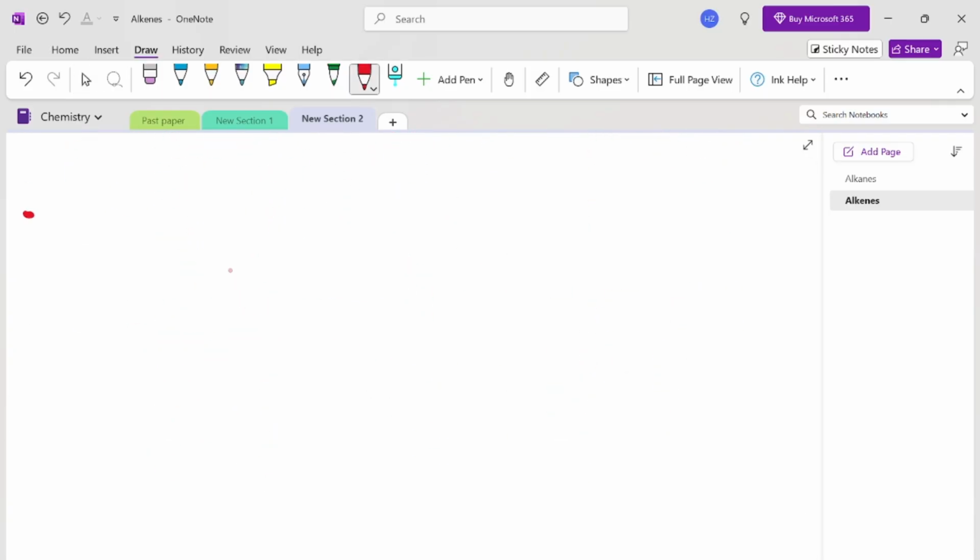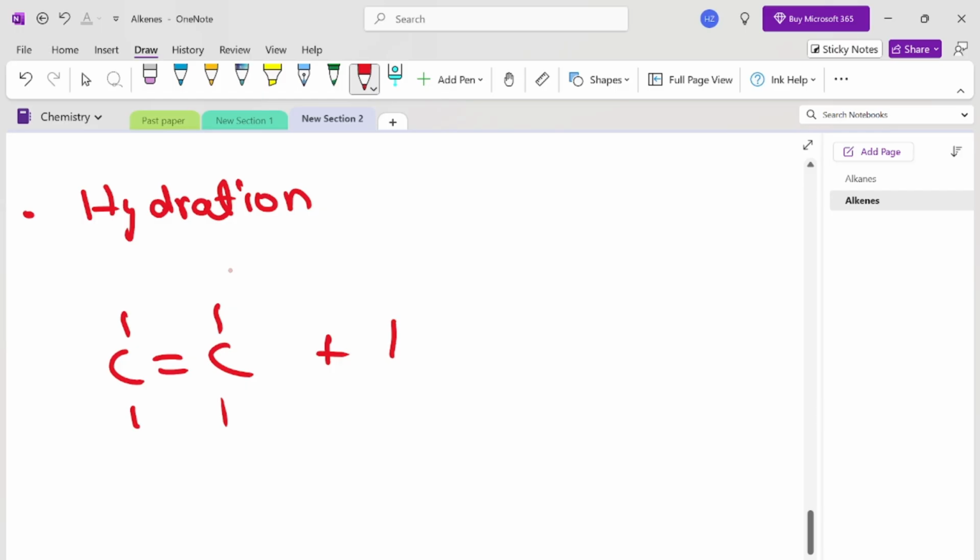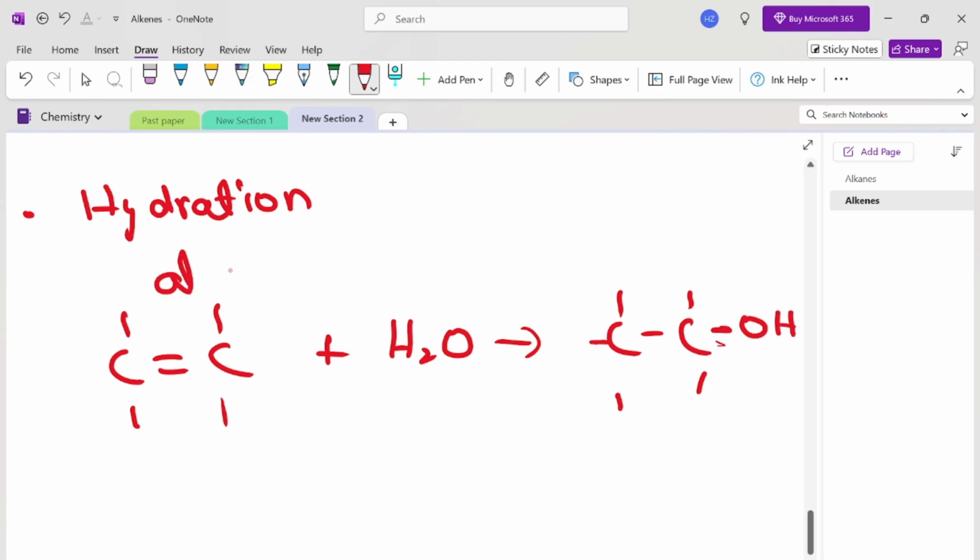If instead of hydrogenation there were hydration, basically the addition of hot steam, an alcohol would be formed. Let's check. Plus H2O forms OH. These are all hydrogens and this one is OH. So this is an alcohol. Hydration basically moves an alkene to an alcohol.